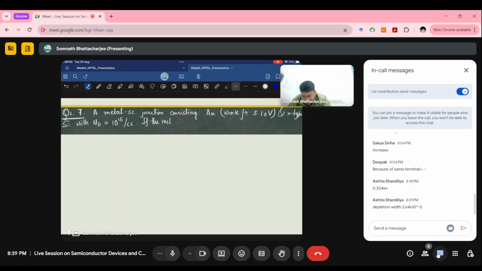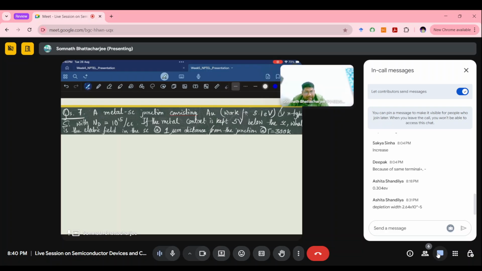If the metal contact is kept 5 volts below the semiconductor, what is the electric field in the semiconductor at 1 micrometer distance from the junction at T equals 300 Kelvin.